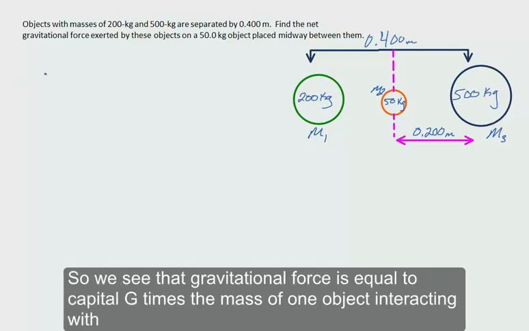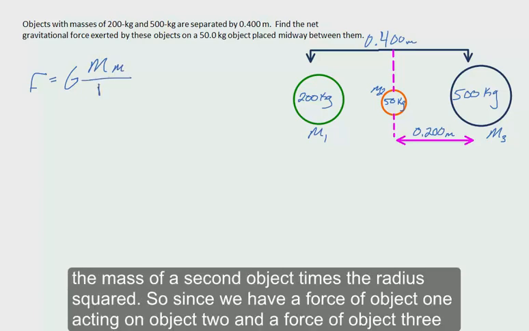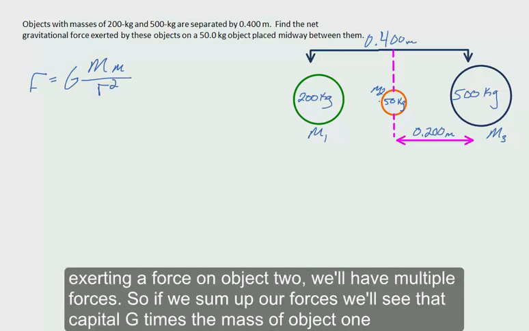So we see that gravitational force is equal to capital G times the mass of one object times the mass of a second object divided by the radius squared. Since we have a force of object 1 acting on object 2 and a force of object 3 exerting a force on object 2, we'll have multiple forces.